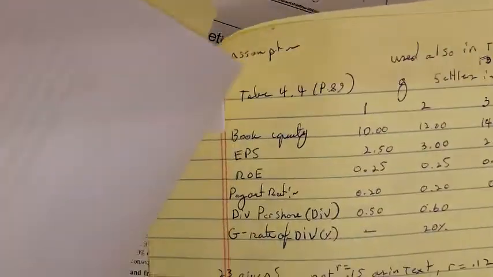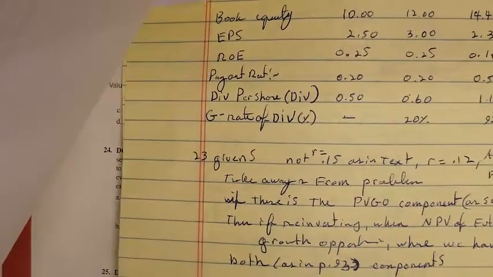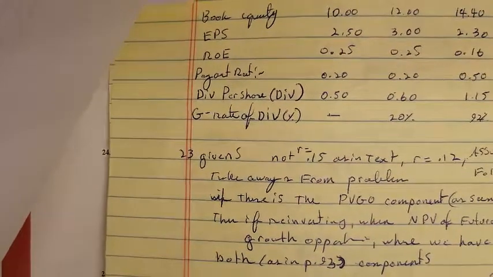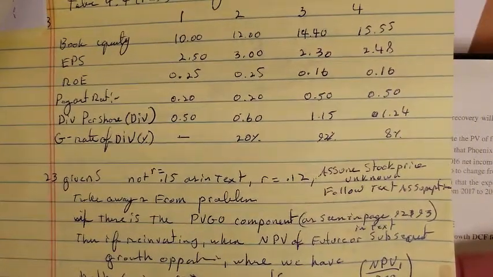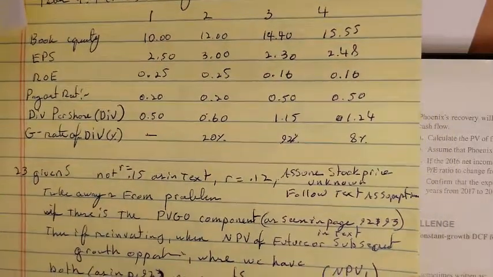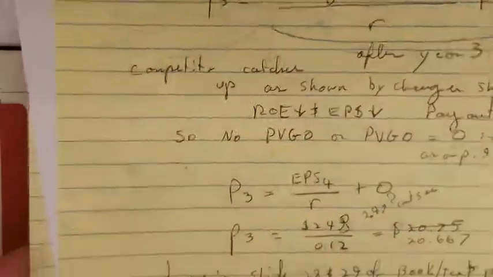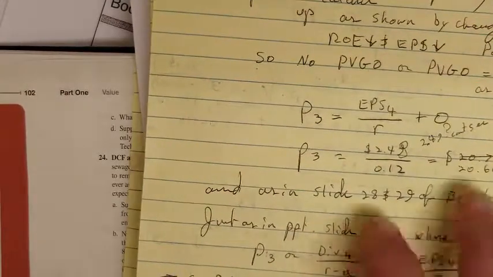Right at the start, I forgot that I had written this out. The rate of dividends is 20% in year 2, 92% in year 3, and then it drops way down in year 4. So that's why we lose that growth opportunity, or the PVGO, in year 3. Again, here would be the formula.